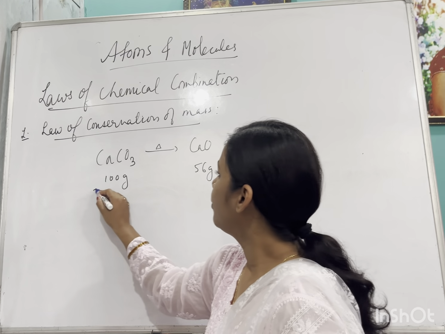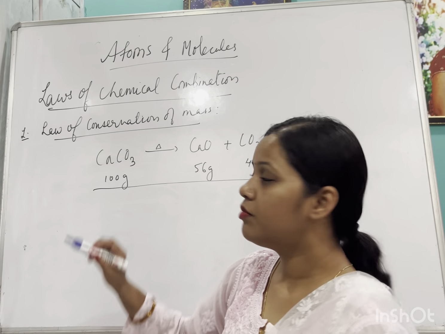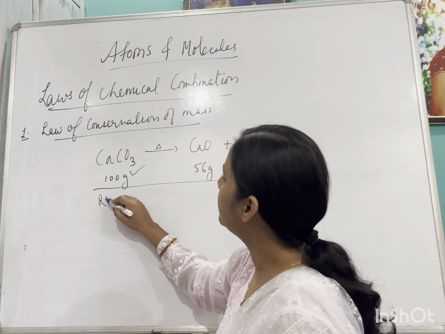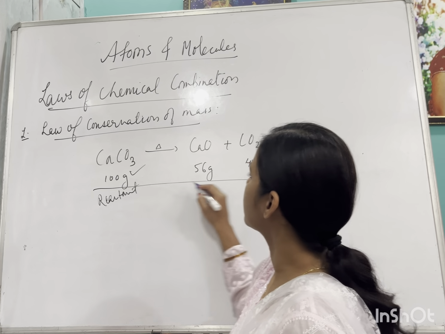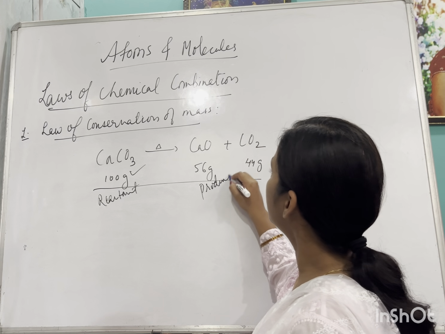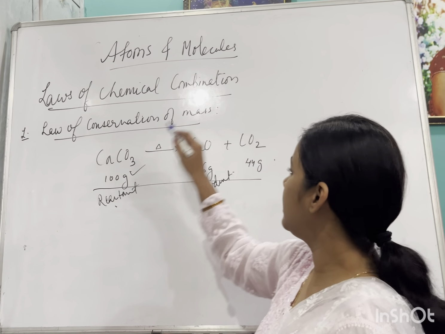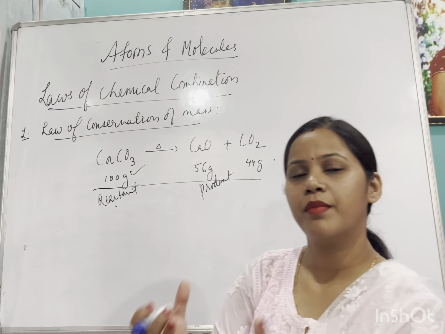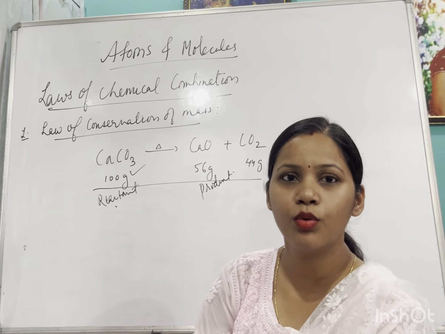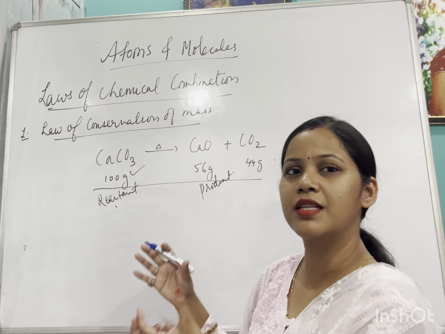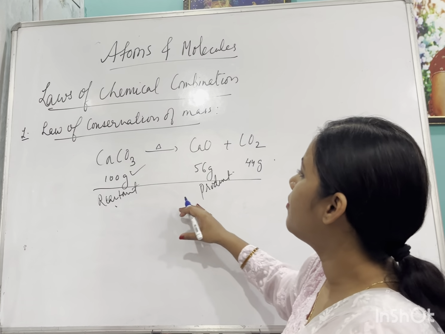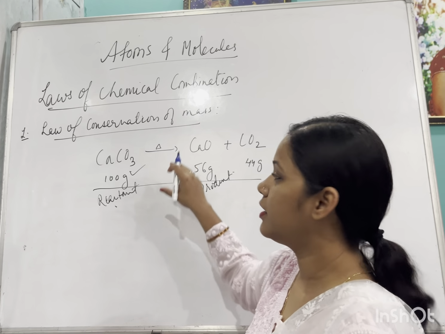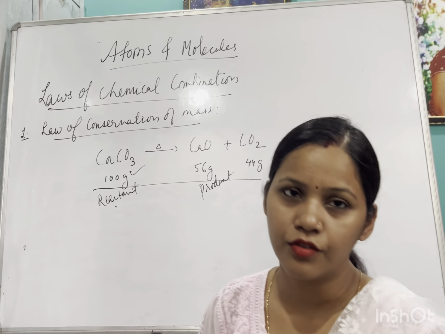So during a chemical reaction, this is the reactant and this is the product, and the total mass of the reactant is equal to the total mass of the product. That means जितना मास reactant आपने लगाया, उतना ही प्रोडक्ट का मास आपको ऑब्टेन हो रहा है, इसका मतलब है इस रिएक्शन के दौरान मास कंजर्व हो रहा है.